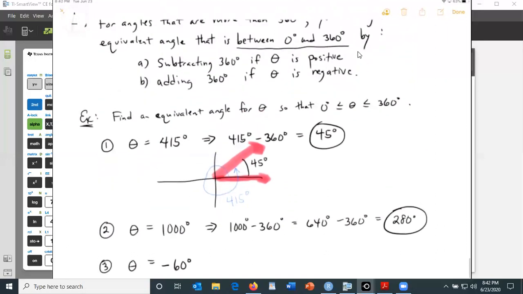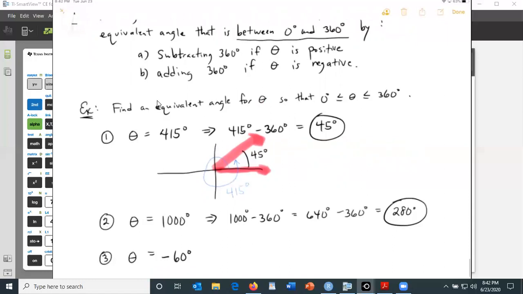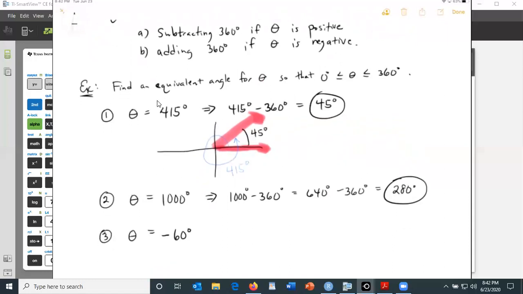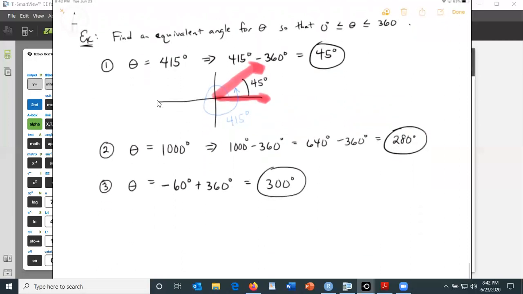Well, look at part B in the notes. All right, this angle is negative that I gave you, so we're going to have to add 360, all right? Because otherwise, if you subtract 360, that just makes it more negative. So that would be the wrong thing to do. So you add 360, and that gives you 300. So 300 degrees would be the equivalent angle.